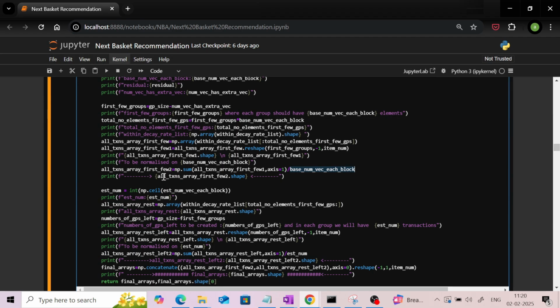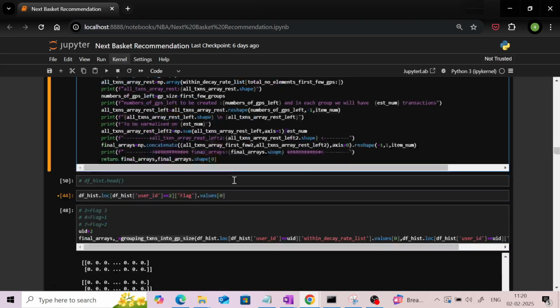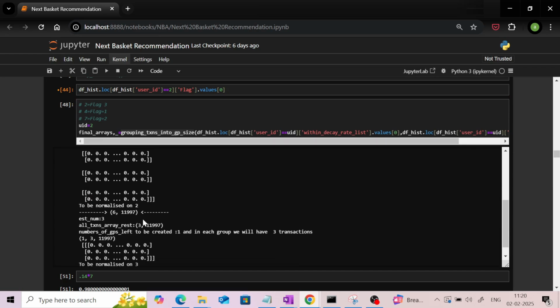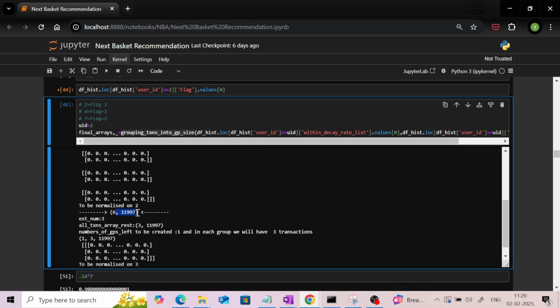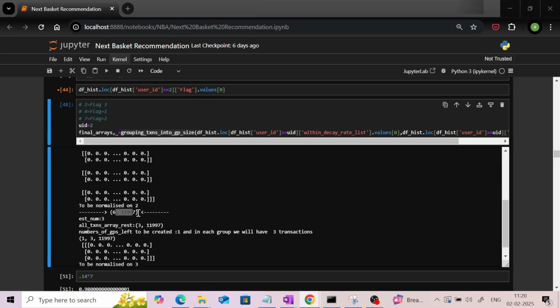So if you see the final shape of the all transactions array first few, which is being saved over here, the final dimension of the vector is 6 by 11997.